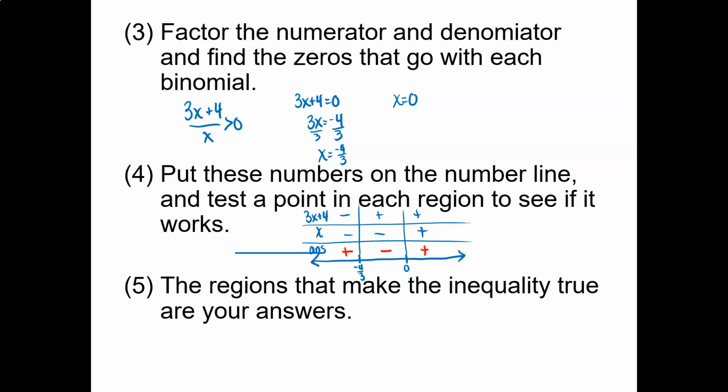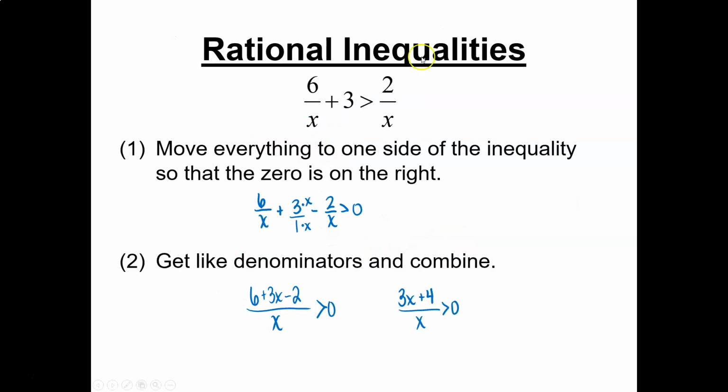We are right here. Okay. And then we're just looking for the answers that make our inequality true. Always make sure you look at the problem once you have moved everything to one side and got common denominators. Because if you go back to the very original equation, you've got this 2 over x right here. You can't tell if things are positive or negative there.